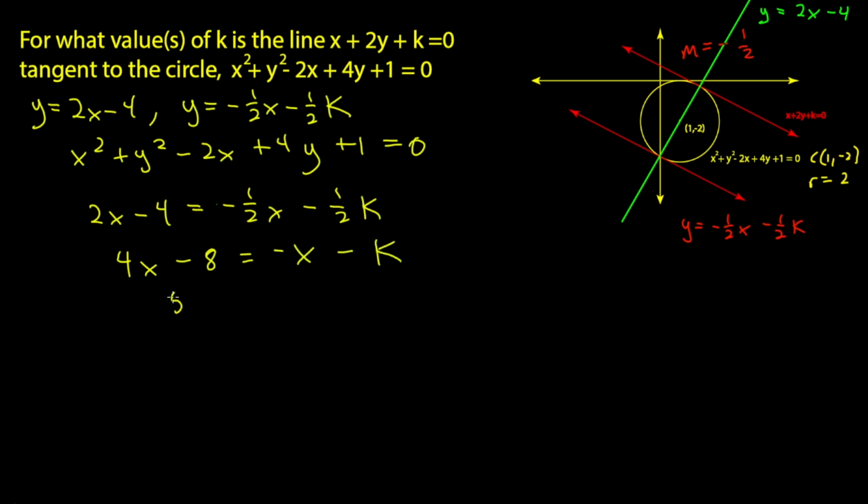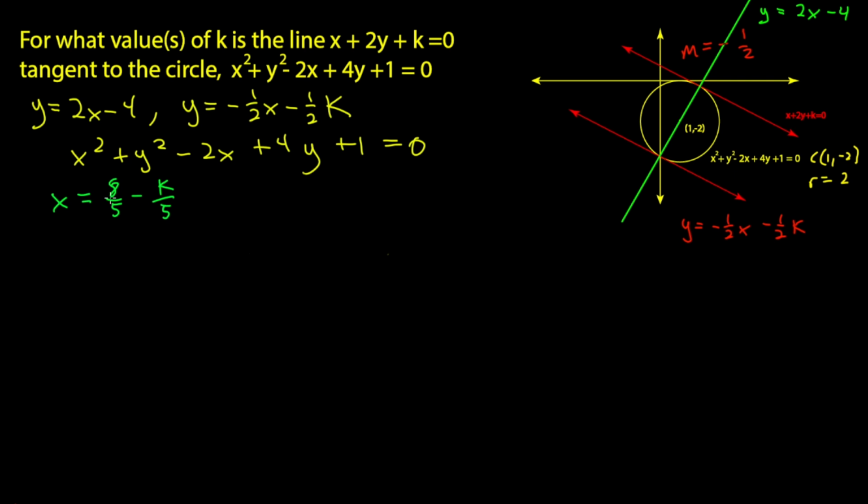Move that over. 5x equals 8 minus k, or x equals 8 over 5 minus k over 5. Okay, I'm going to put that in so we can plug in x equals 8 over 5 minus k over 5 for every x here, which is great news.